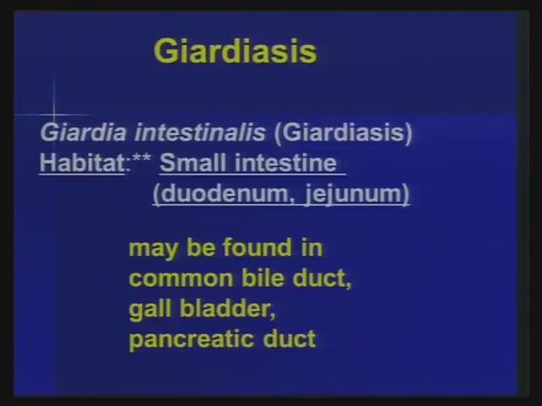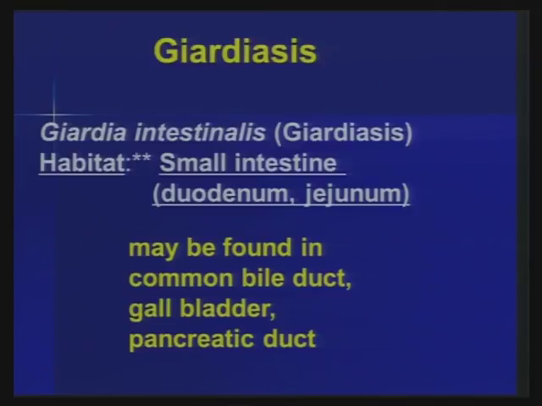For Giardia, this is the habitat. So you learned from amoeba, Entamoeba histolytica, where is the habitat? I know, intestine. But small or large? Large. So right now, this other one locates in the small intestine, mostly at the duodenum and jejunum.